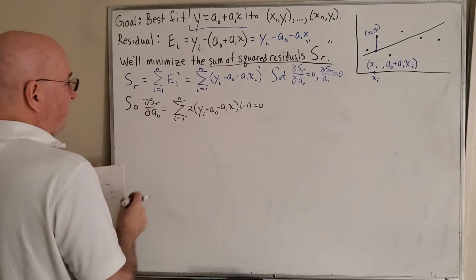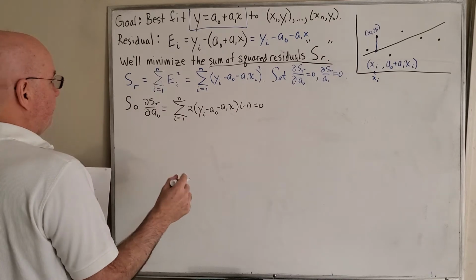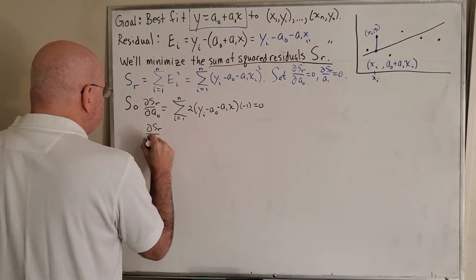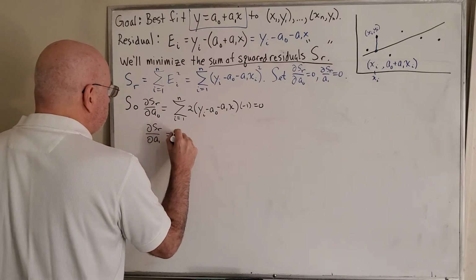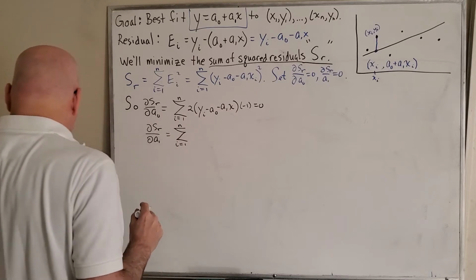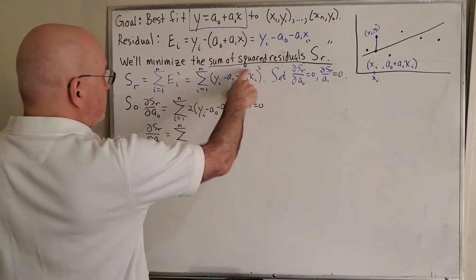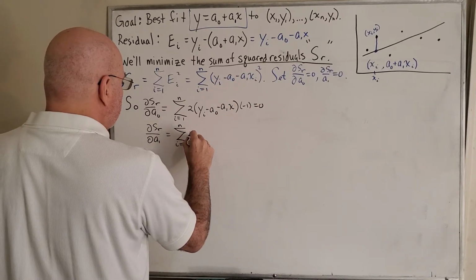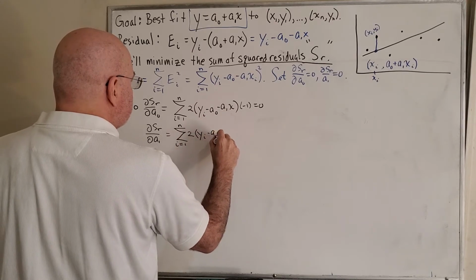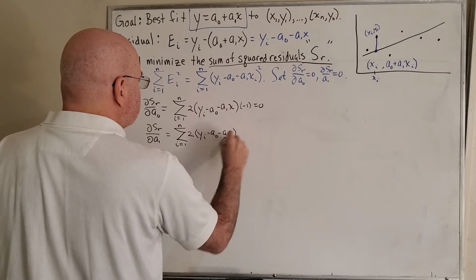And underneath that, before solving or simplifying this, I'm going to write down the partial of SR with respect to A1. We're going to do similarly. We're going to take this, 2 comes down, times yi minus a0 minus a1x.